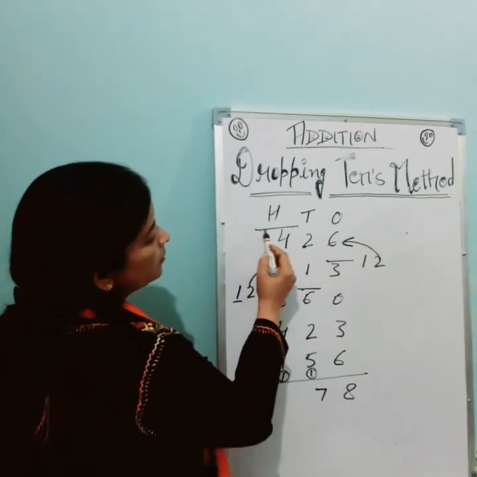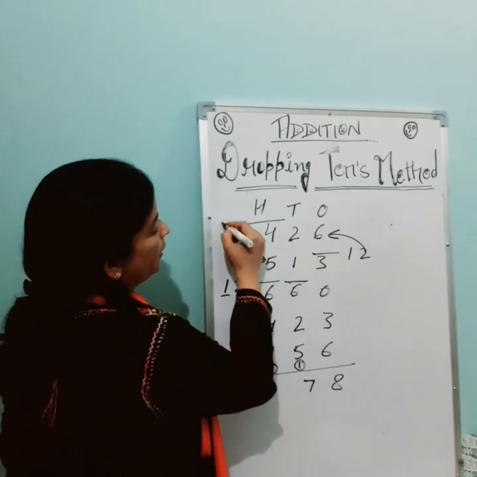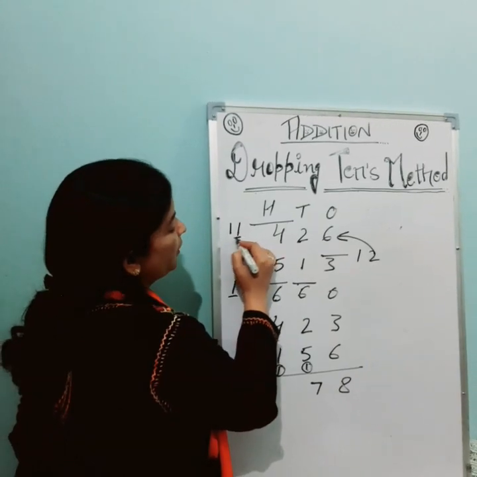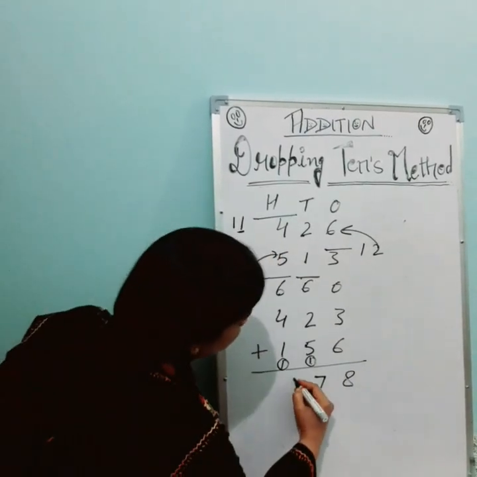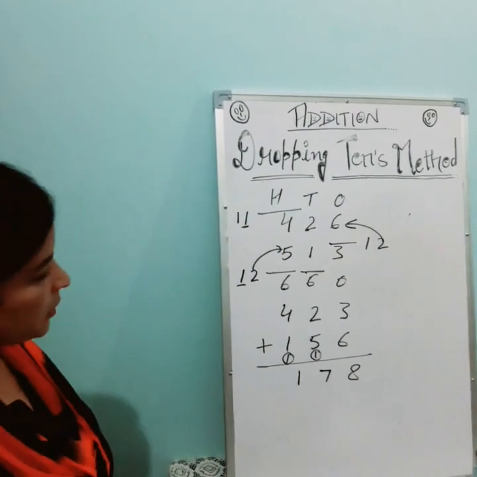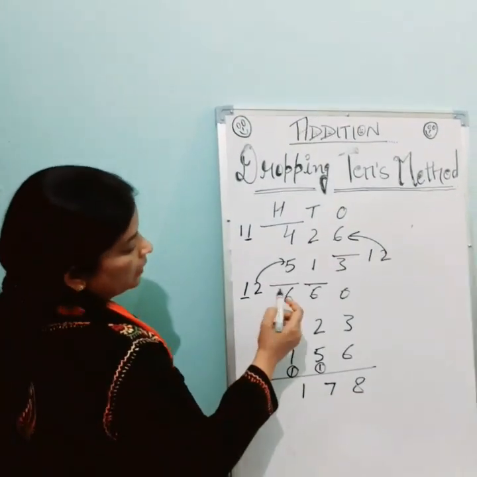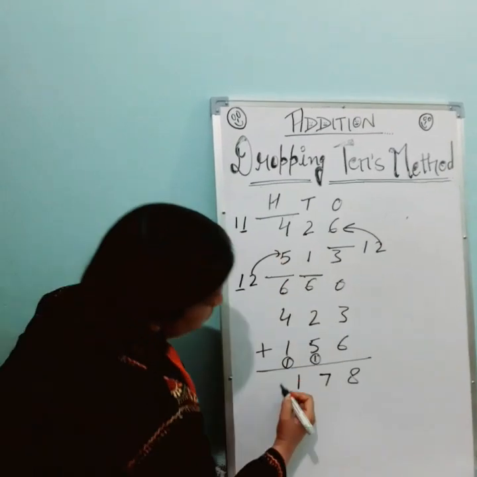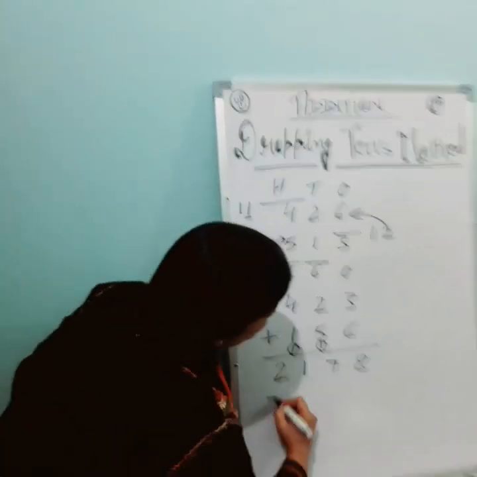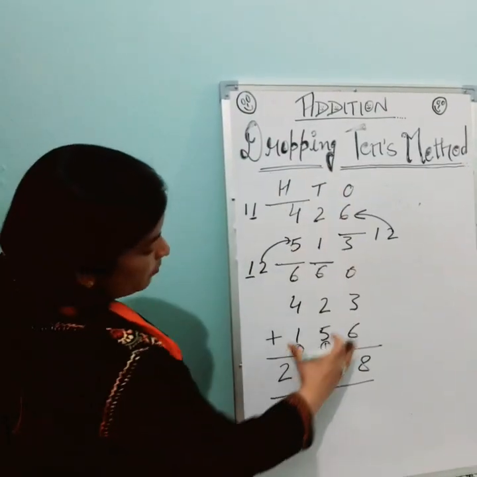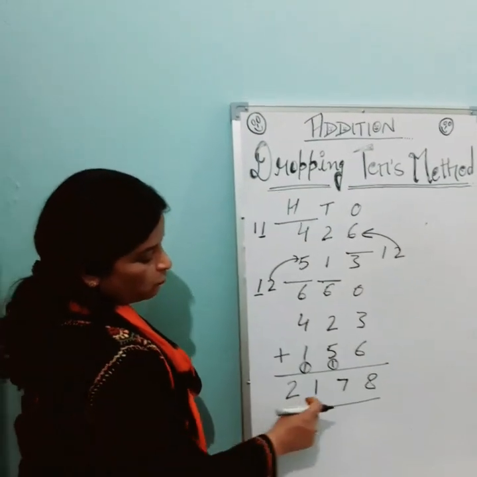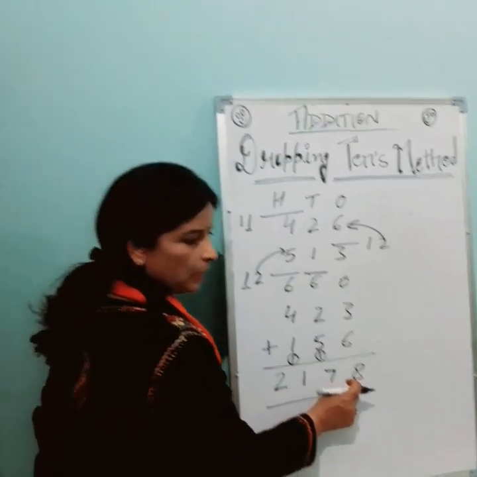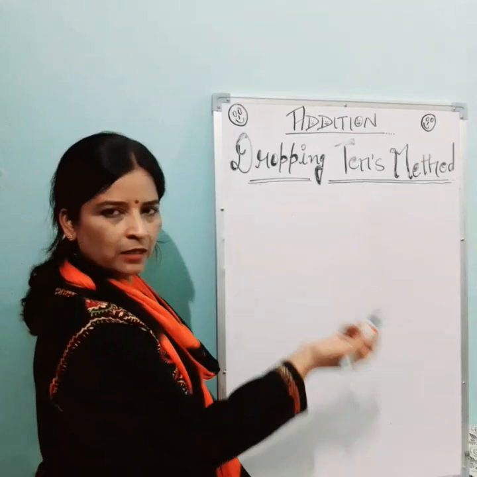Again more than 10, so we will drop 10 here, and what is the remaining ones? 1. 1 we will write here. After that we count the dropped tens. 1, 2. So the sum of these numbers is 2178. Let's take another example.